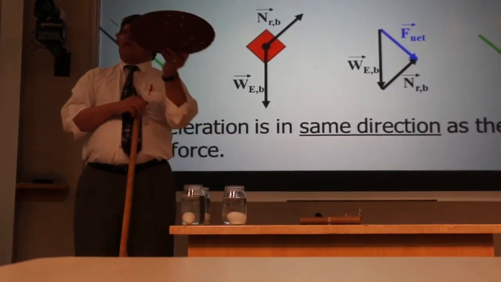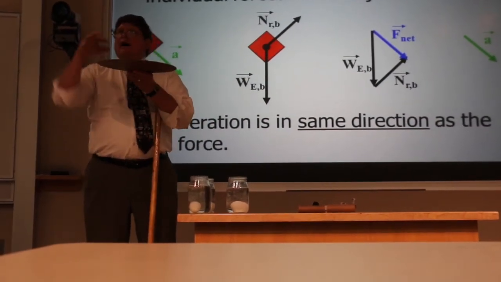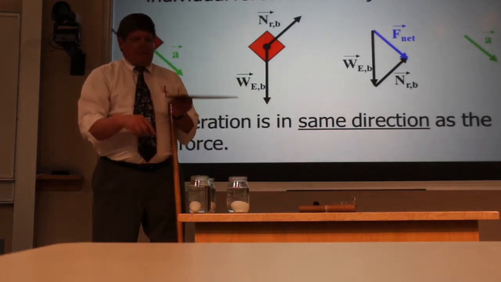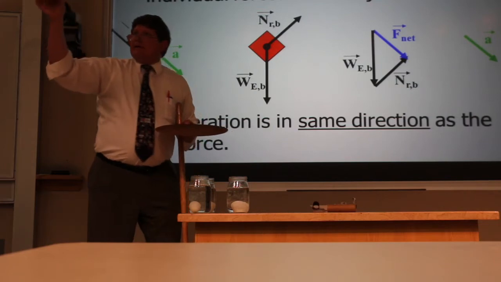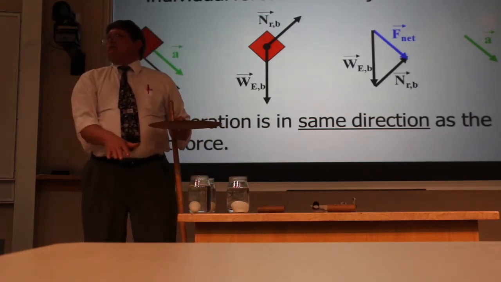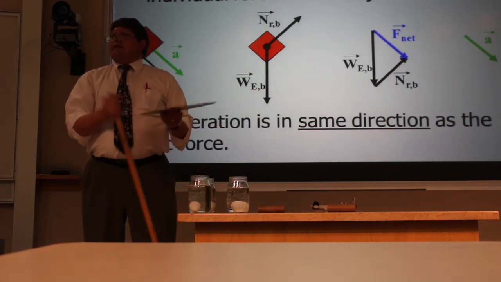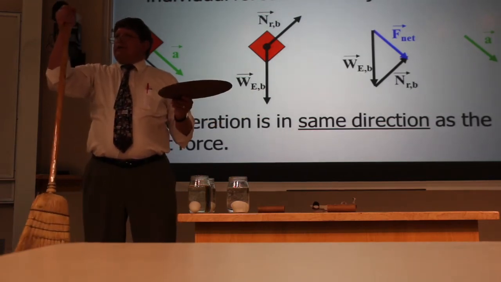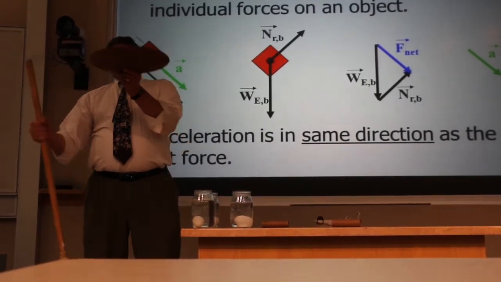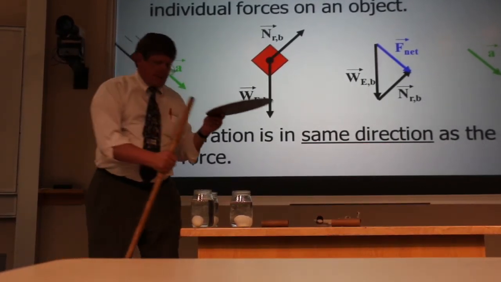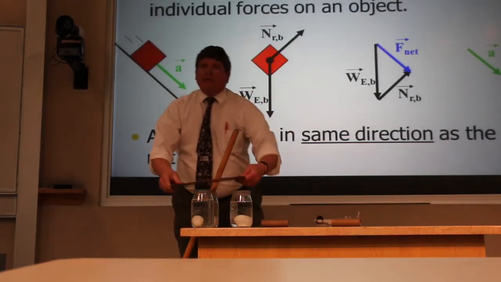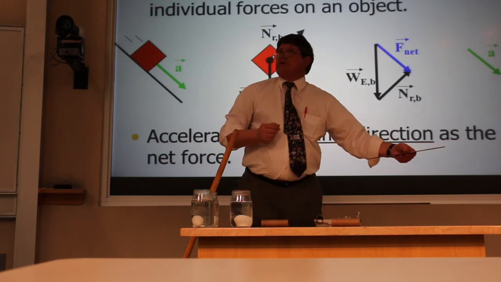If I look at all the forces acting on the masonite, I've got the weight down, I've got these jars pushing up, I've got these tubes pushing down, but all the up and all the down was balanced until it got hit with the broom. It had a net force of 0. And then that broom gave me an extra force, an unbalanced force in that direction. And that's what happened. It sped up in that direction.